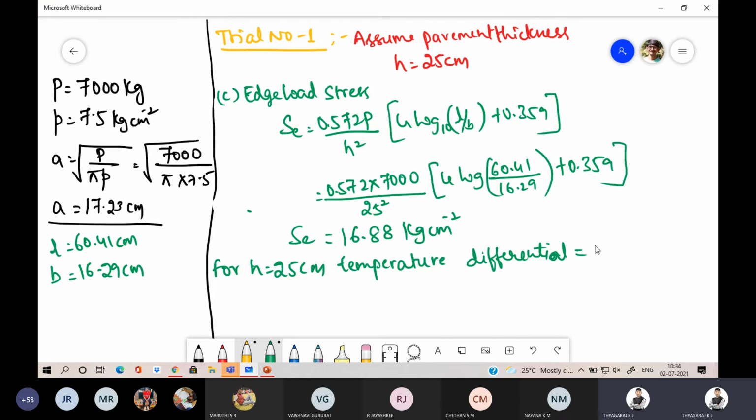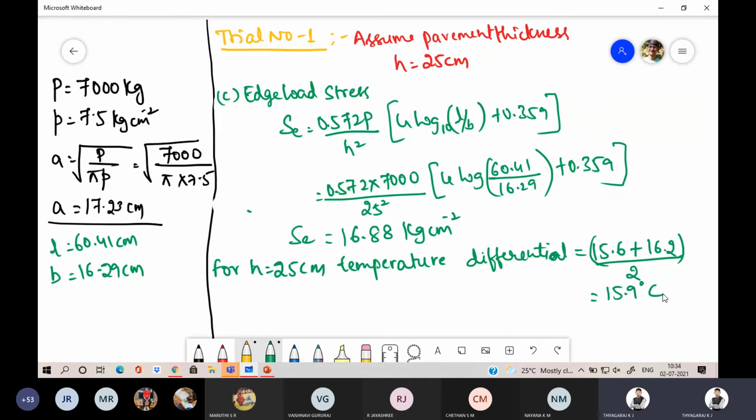What is the temperature differential for 24 centimeter? 15.6. For 26 centimeter? 16.2. So we will divide the sum by 2. That will be the temperature differential for 25 centimeter. How much are you going to get? I think 15.9 degree Celsius. Is it correct? Yes, sir.